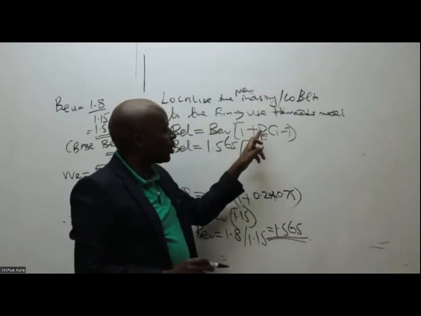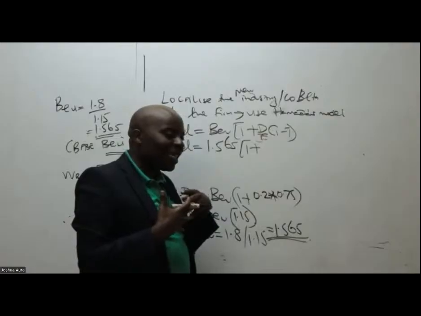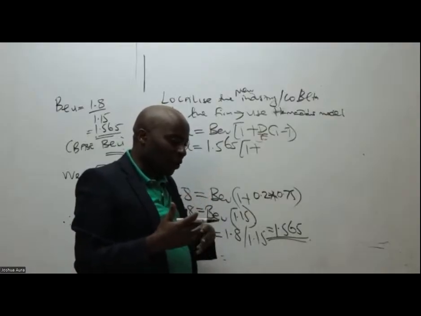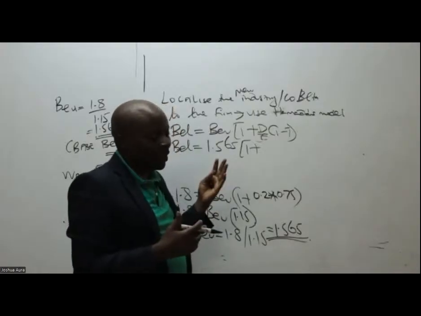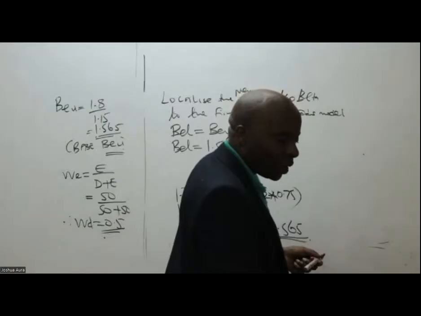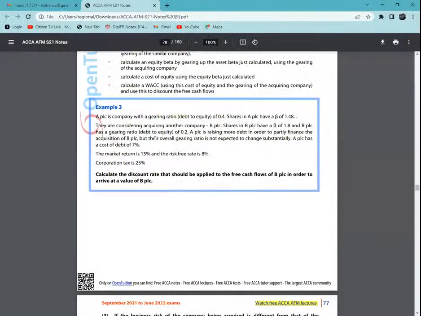And the debt to equity ratio of the company to use, in most cases, is normally given in the question, like Roman 1, Roman 2, Roman 3. But you see here, we don't have Roman 1, Roman 2 or Roman 3. Then I have to go back to the debt to equity of the company as it was given up there. It was given here, A Limited. So we have here A PLC is a company with a gearing ratio of 0.4.